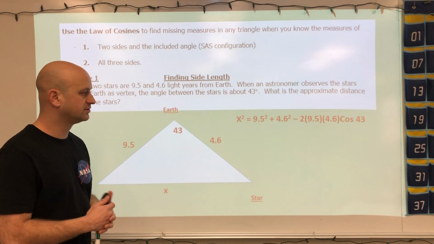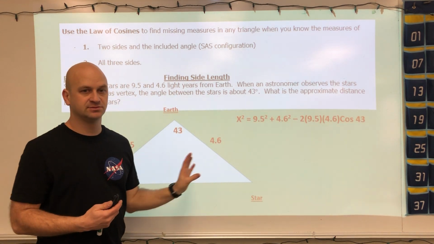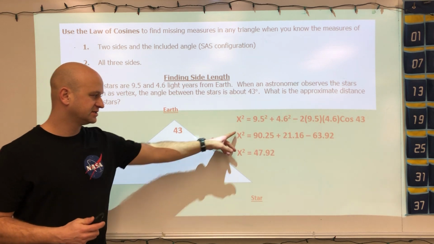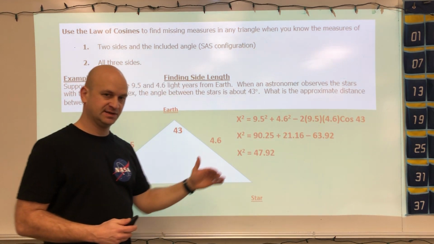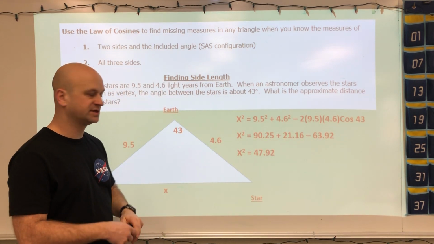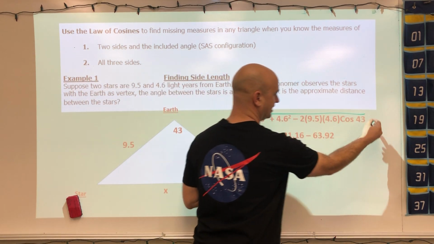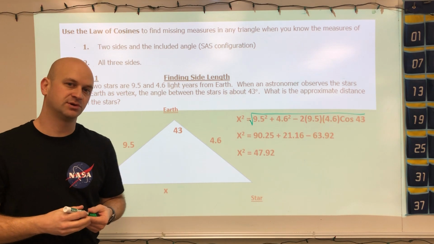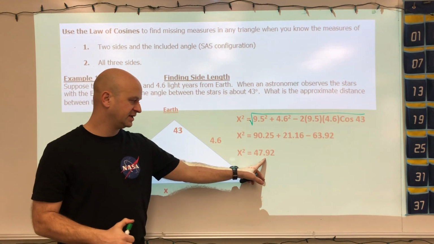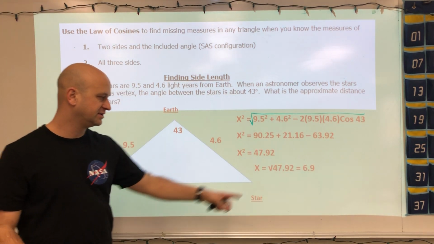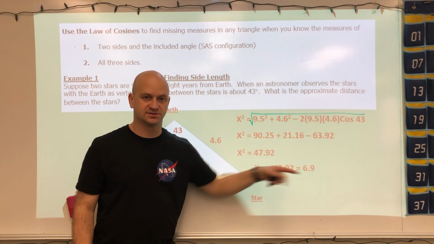Now, what's really cool about this is it looks confusing, but it's pretty easy to calculate, because we could do all this step by step if we wanted to, or what we can do in our calculator is hit the square root button and then type all of this under the square root and then hit enter, and we would end up with approximately 6.9 as our answer.